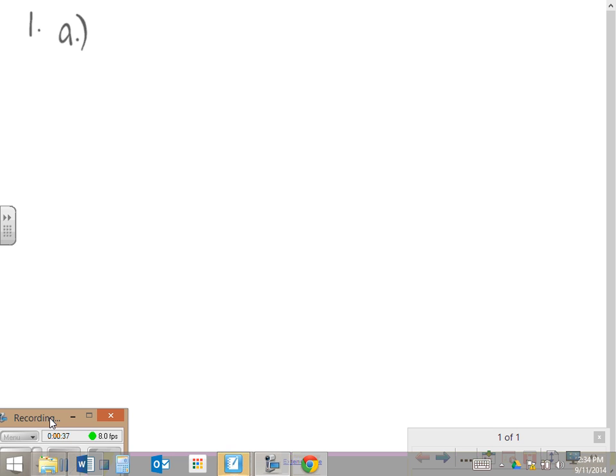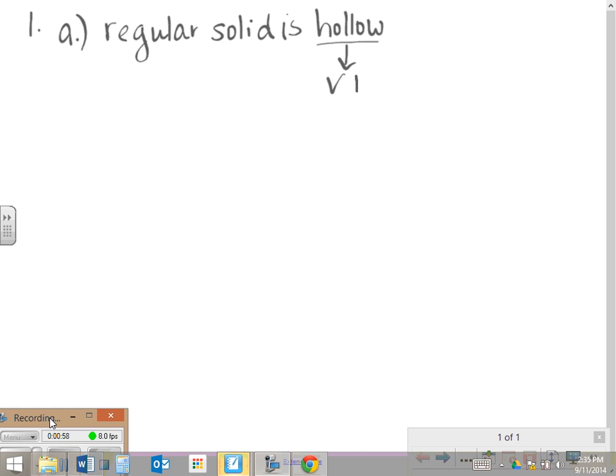So letter A says the regular solid is hollow. Okay, if it's hollow, what is that affecting? Well, that's going to affect our volume. If it's hollow, our volume would be actually calculated to be too high.